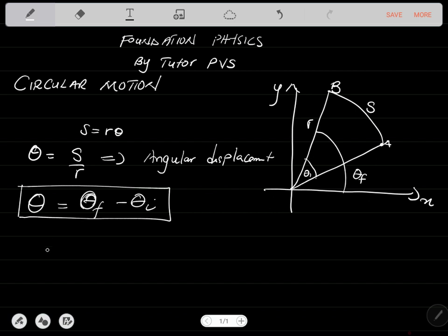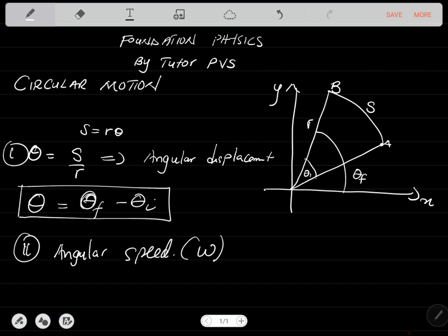Next, we look at angular speed. This is a symbol, all right? Now you need to know that this is just the rate at which the angular displacement changes, right? Of course, we're saying the rate, this is with respect to time.